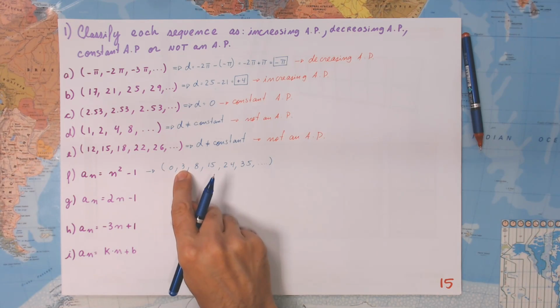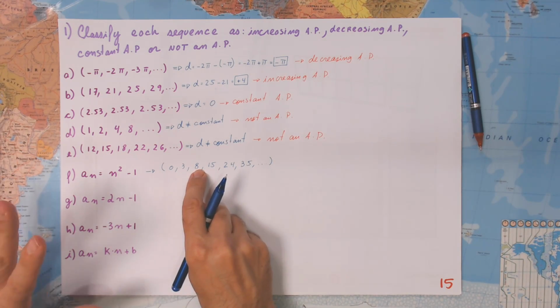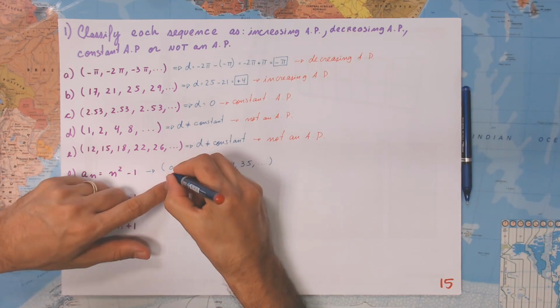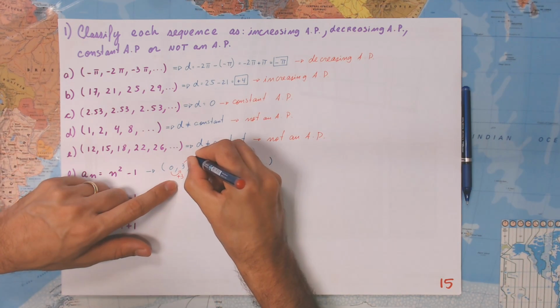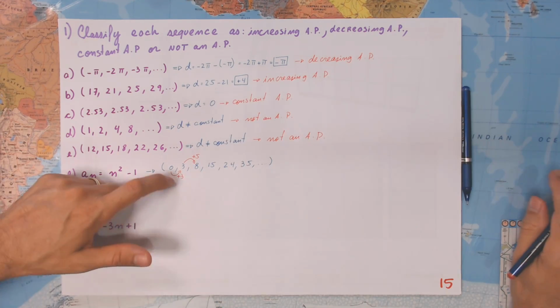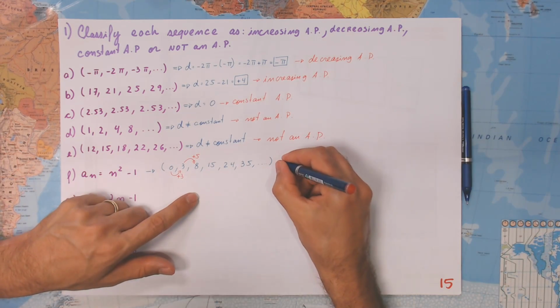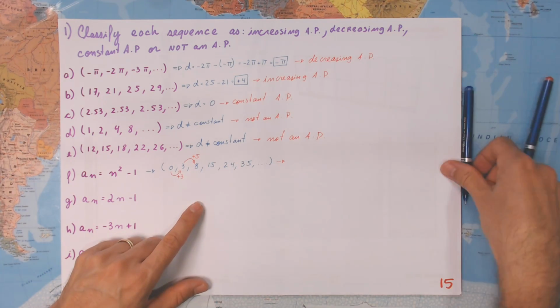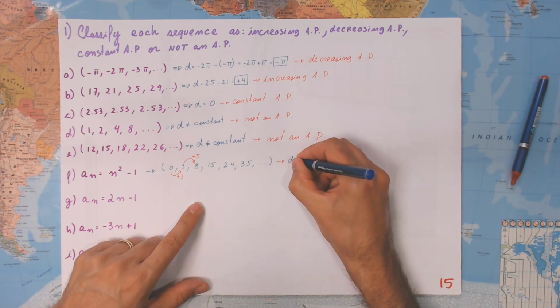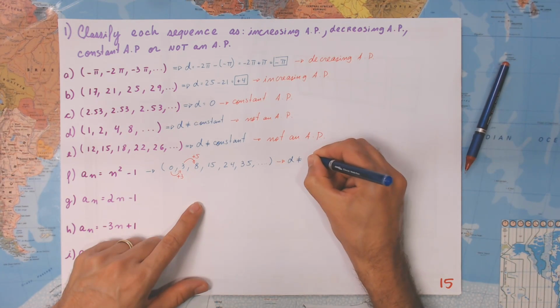Plus 3, plus 5, this is enough. Okay, when you just acknowledge that this is a plus 3 and this is a plus 5, this is enough. I don't have to see the rest. This is enough to say that this is not an AP. Why? Because D is not a constant.